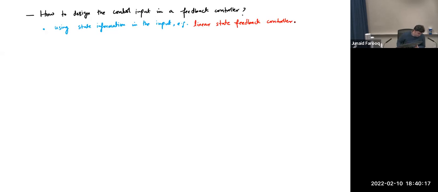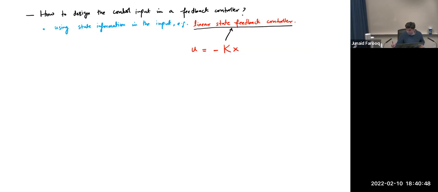So when I say linear state feedback controller, I really mean that your input u is some linear function of the state. A linear function can be, for example, negative Kx. It's a linear function of the state variable, right?